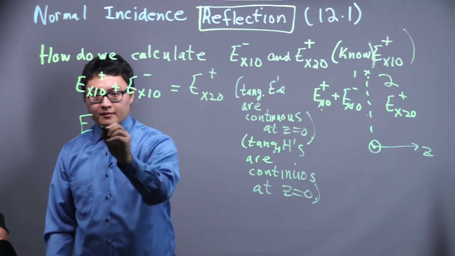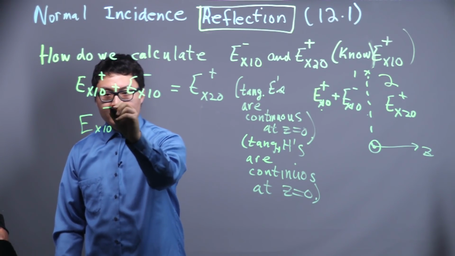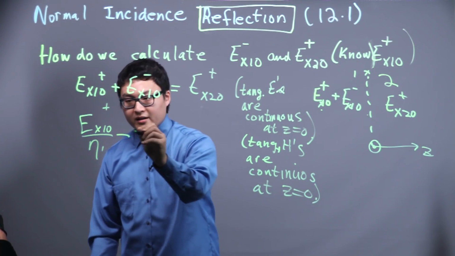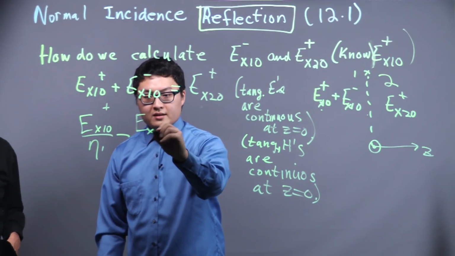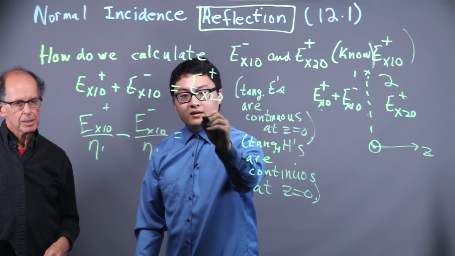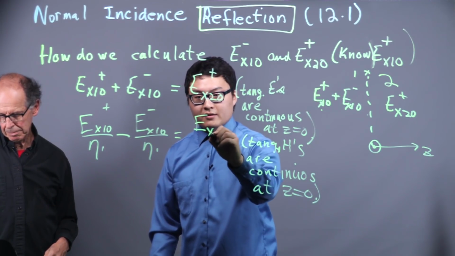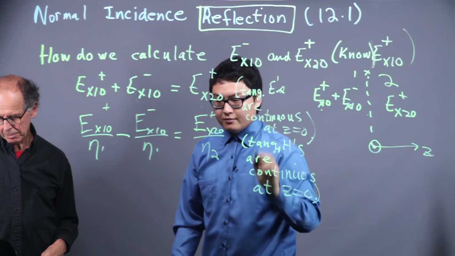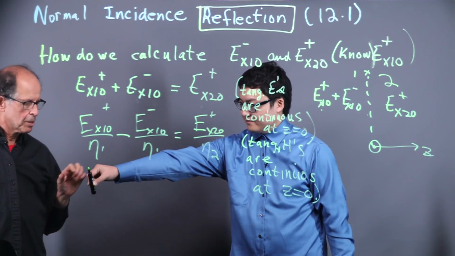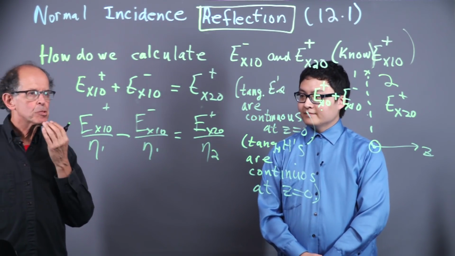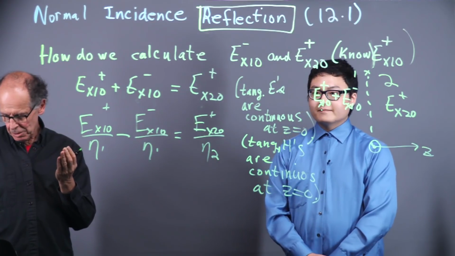So we have E_x10 plus divided by eta 1 minus E_x10 minus divided by eta 1 is E_x20 plus divided by eta 2. Right. So now we have to somehow figure out what to do.